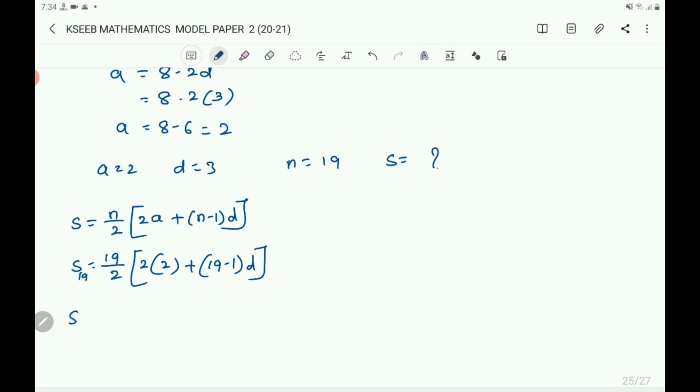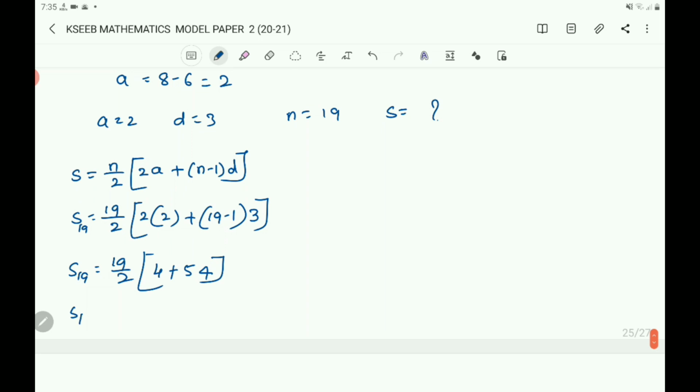So S19 equals 19 by 2 into (2 twos are 4, plus (19 minus 1) into 3). 19 minus 1 is 18. 18 threes are 54. Then S19 equals 19 by 2 into (54 plus 4, which is 58).